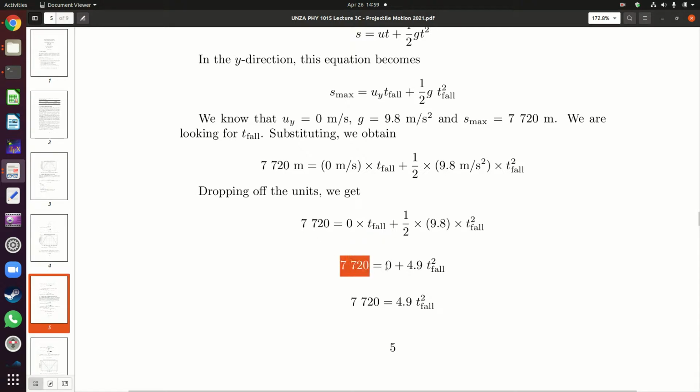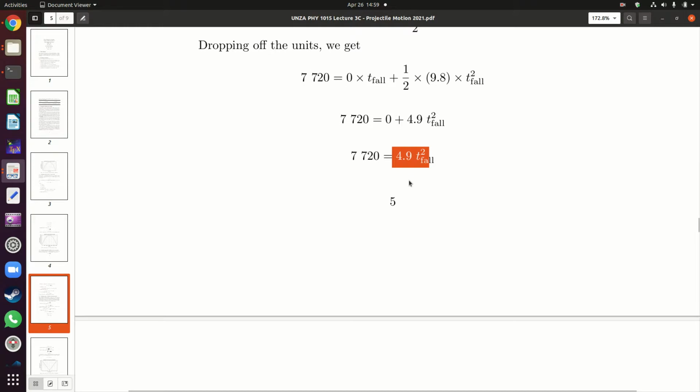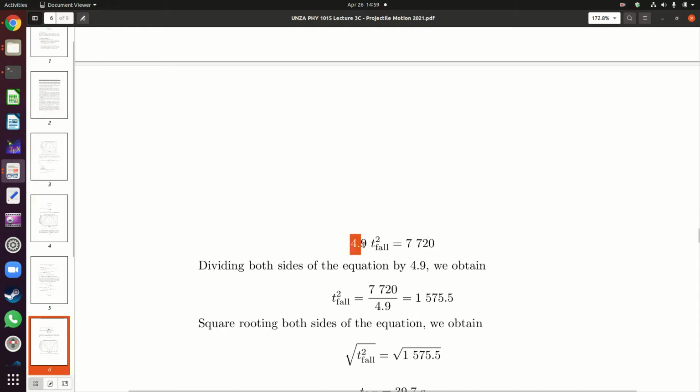So 7,720 equals 0 plus half times 9.8. Half times 9.8 gives you 4.9, then t4 squared. So 0 plus this gives you 4.9 t4 squared, and on the other side 7,720. So 4.9 t4 squared equals 7,720.